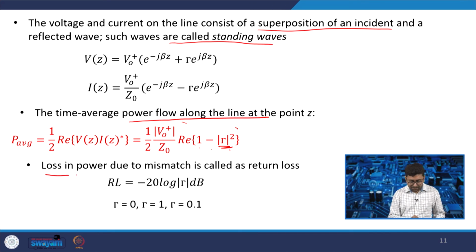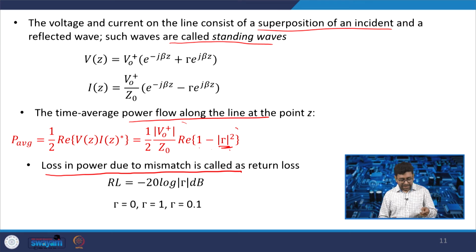The loss in the power due to mismatch, because when your impedance is not matched there is a reflection, and due to that there is a loss, is called the return loss, and return loss is defined as minus 20 log of gamma.